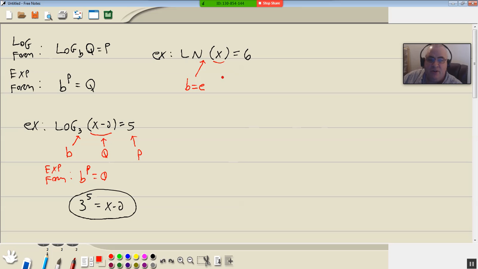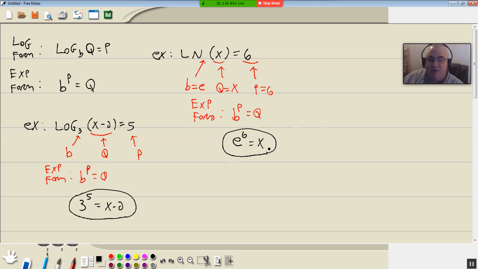And then what follows that is your q. So q is equal to x. And what's on the other side is your p. So p is equal to 6. So our exponential form is b to the p is equal to q. So we plug in what we identified. b was e, p was 6, and q was x. And that's our answer.